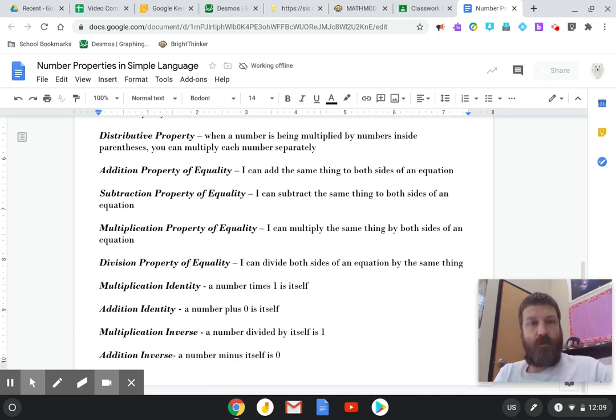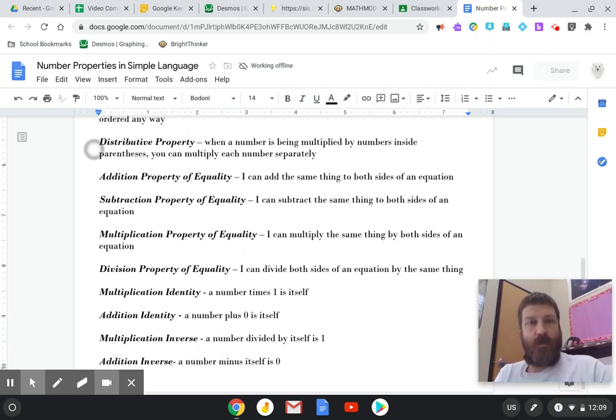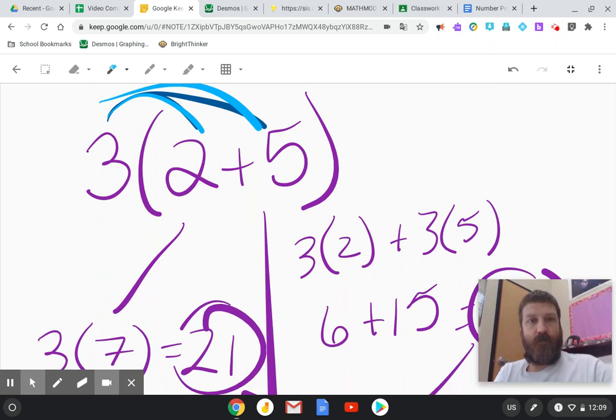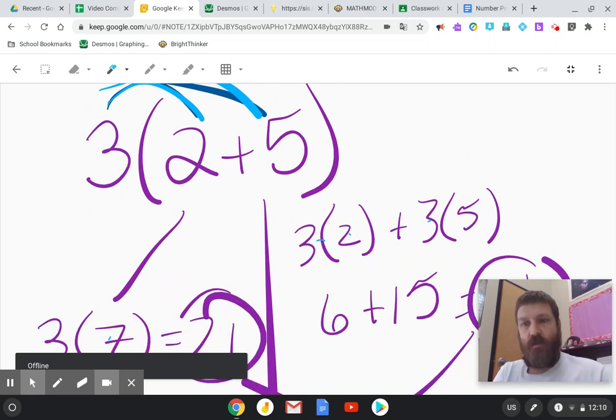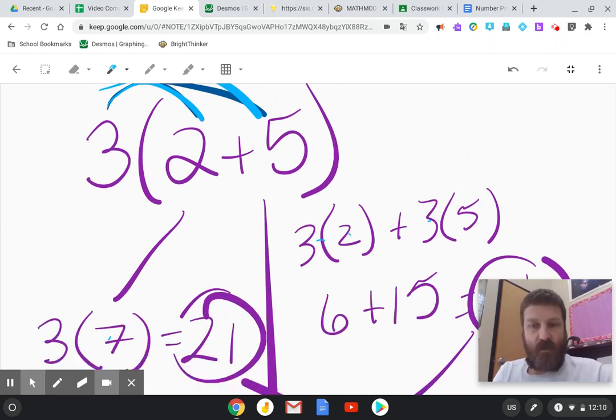Distributive property. When a number is being multiplied by numbers inside parentheses, you can multiply each number separately, which is what I did here. 3 times 2, 3 times 5, or I can add what's inside and multiply. Typically, this is going to be dealing with algebraic things, so there'll be an x in there maybe, and so that's why this is useful for that kind of stuff.